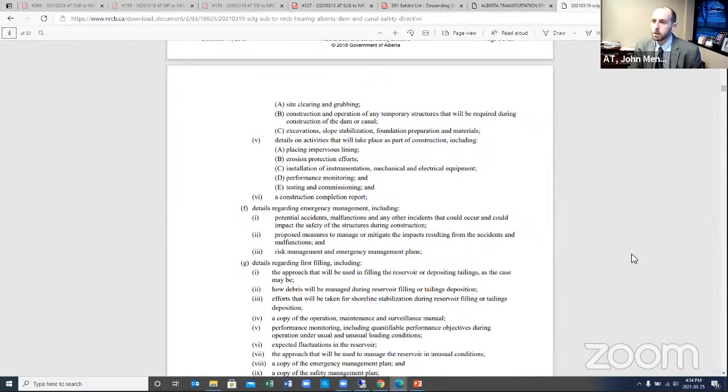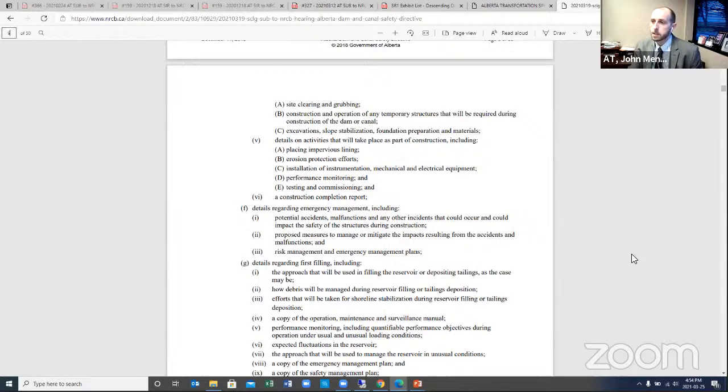That information is then provided to the department, and they review it and provide comments and feedback about those elements. They will advise if they need additional information. Those are basically the elements needed to get approval for construction, if you will.